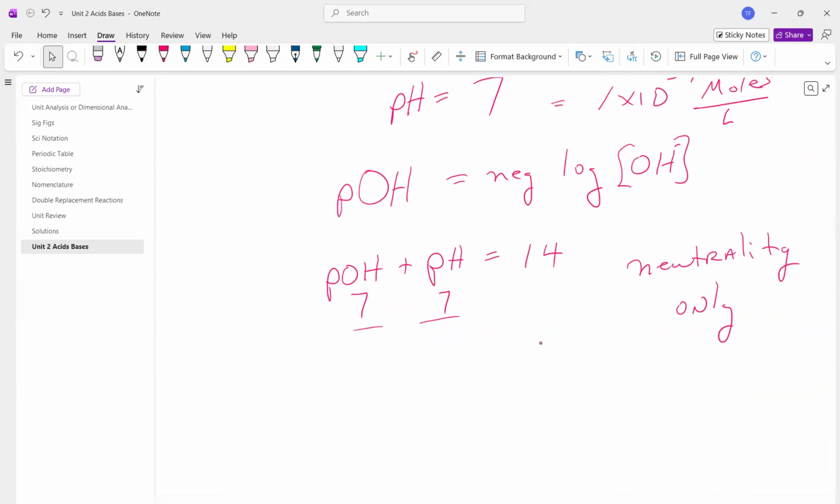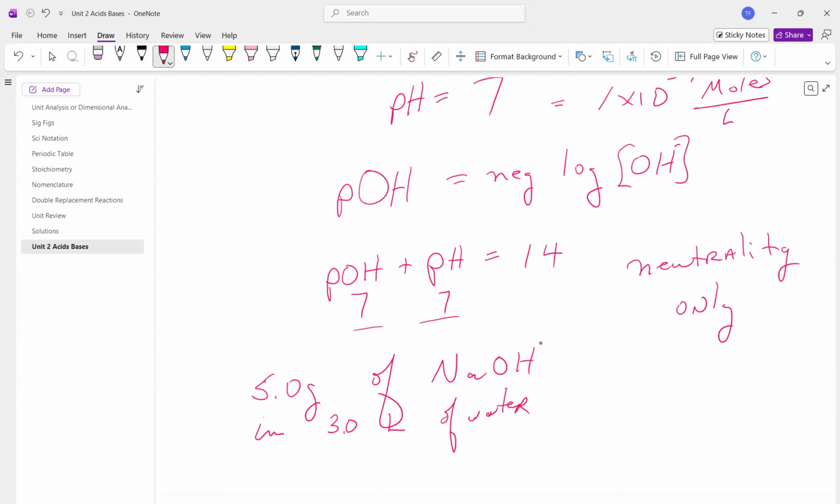For example, if I have 5 grams of sodium hydroxide, a strong base, and 3.0 liters of water, what is the pH?